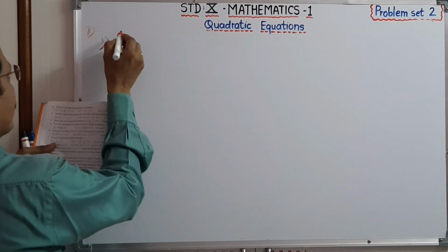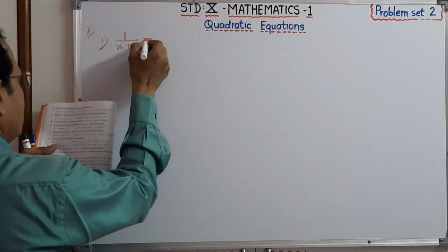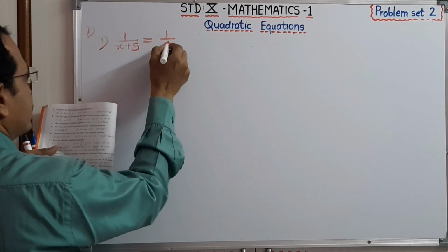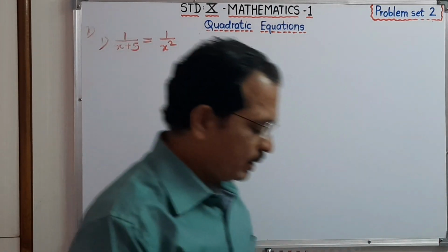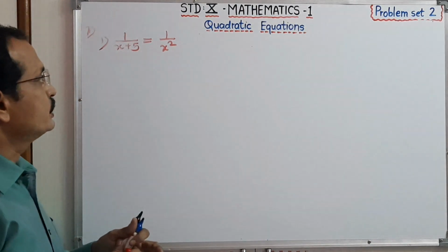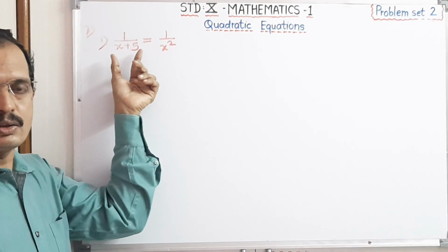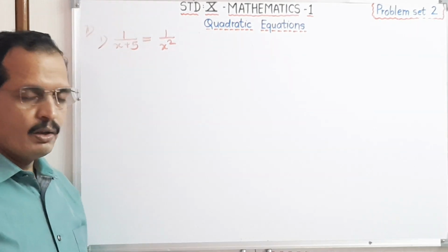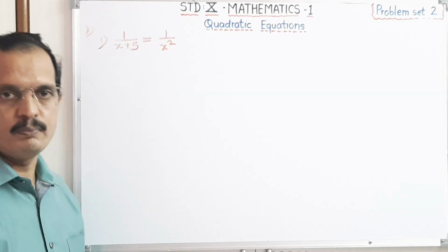It is 1 upon x plus 5 is equal to 1 by x square. Now here 1 upon x plus 5 is equal to 1 upon x square. This equation we have to solve. First of all, we have to convert this equation into the standard form.